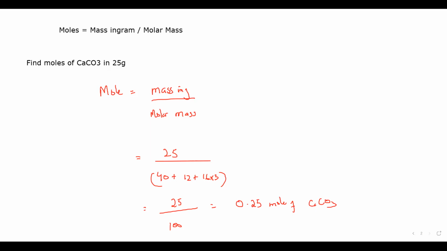So the first formula to get the moles is mass in gram divided by the molar mass. Mass in gram is given and molar mass is not given, but you have to use a periodic table to work out the molar mass, and mass divided by molar mass gives you the moles. Now what is the second formula?